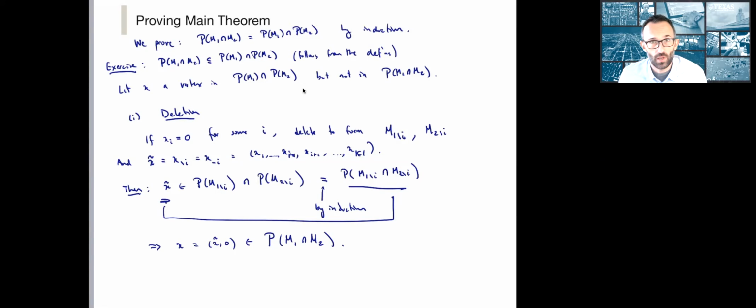Okay, so now our remaining situation is the case where none of the x_i's is equal to 0. And in this case, one option is to use contraction if one of the x_i's is equal to 1. So if x_i is equal to 1 for some i, let's think about what this means and why it's going to be natural to use contraction.